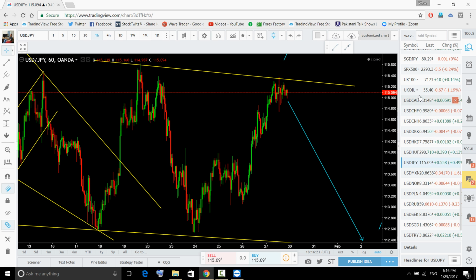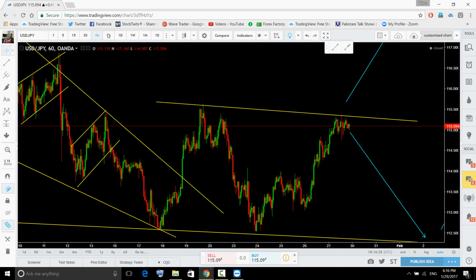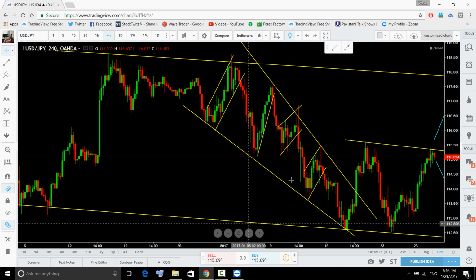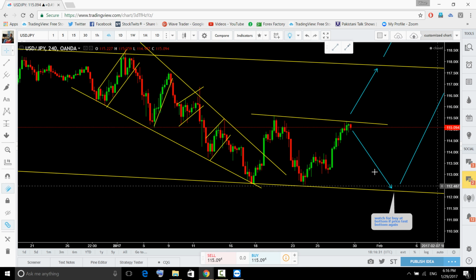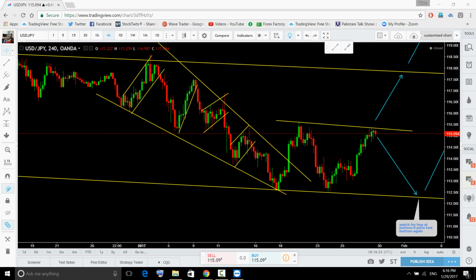USDN. All right, so here we got the USDN. I was asking you guys to look for a buy somewhere here last week and warned you that price can test this bottom, this previous impulsive bottom.